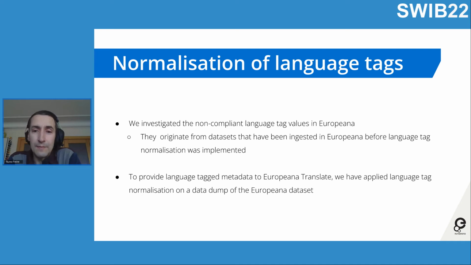So to provide language tag metadata to Europeana Translate, we applied the language tag normalization on a data dump of the Europeana dataset, extracted the data, and then provided it to the project. Because it's not possible just to apply the normalization process to the data that is already ingested in Europeana.